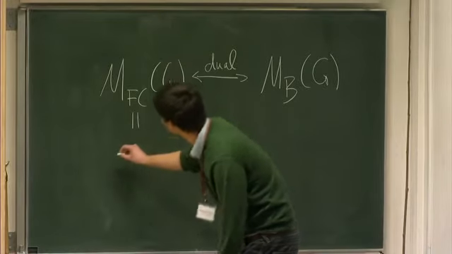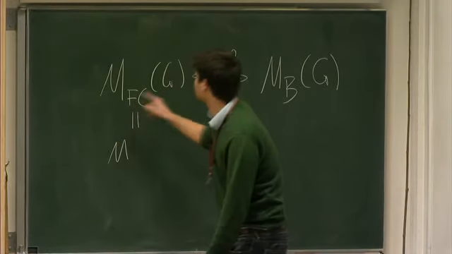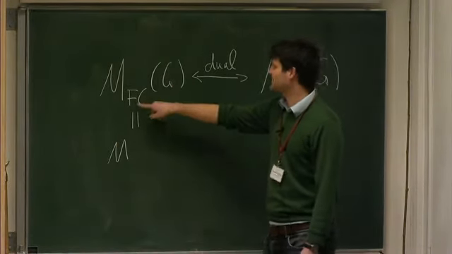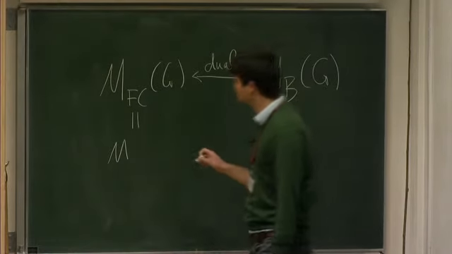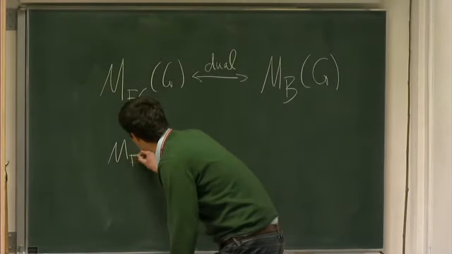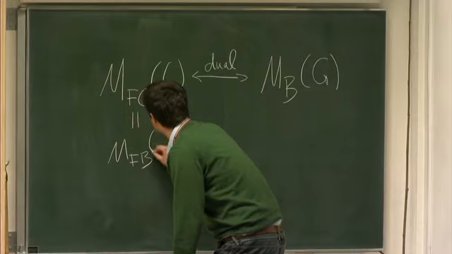Right, and then another thing that's easy to check is that the finite cycle matroid of the graph itself is equal to the finite bond matroid of the dual graph.